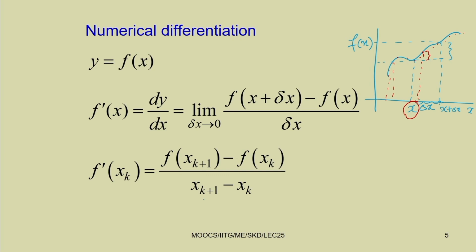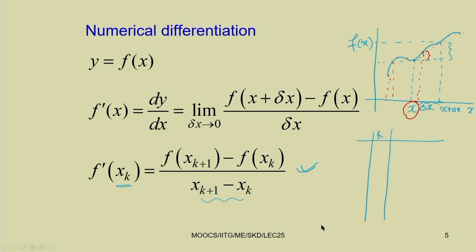So this is nothing but our delta x, and this part is f x plus delta x minus f x. That way numerically we can first find all the values, and then for a particular position when we want to find this f dash x, we can find it. So first we must generate the value, for example k.